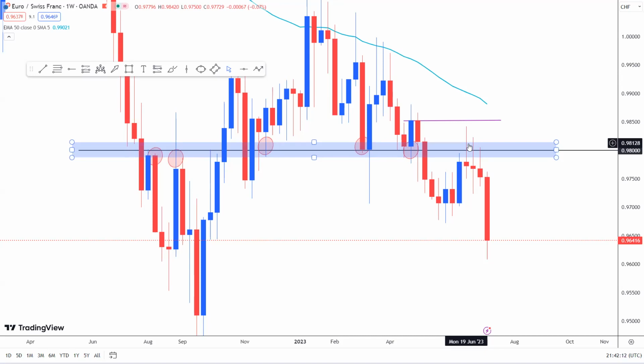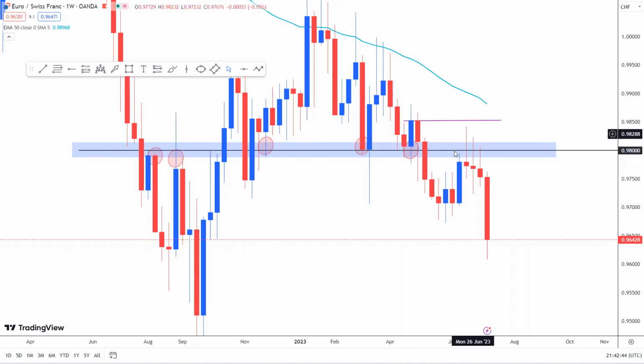And now once price comes back to your area of interest, guys, this is where you now want to pay attention to every bit of the price action at the retest of your area of interest. As soon as we came right into our area of interest, as we have identified, this is a key level. Previously, we had the level as a support, and then we saw price break below the level.